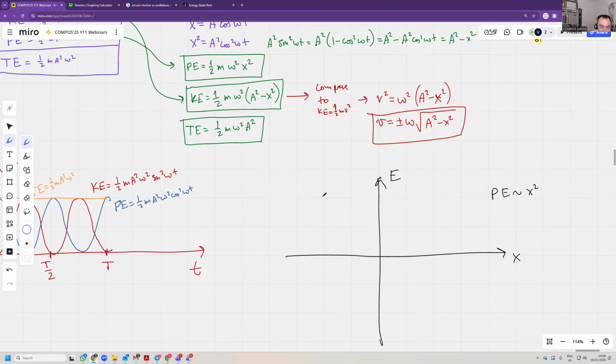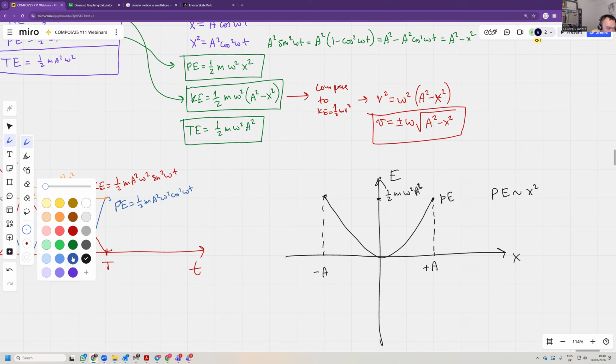So it looks like a parabola. Okay. So this is the maximum displacement, so this is plus A, and this is minus A. And this is the maximum energy, which is 1/2 m omega squared A squared. And that's the potential energy.